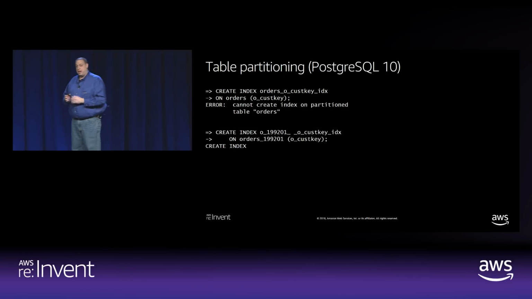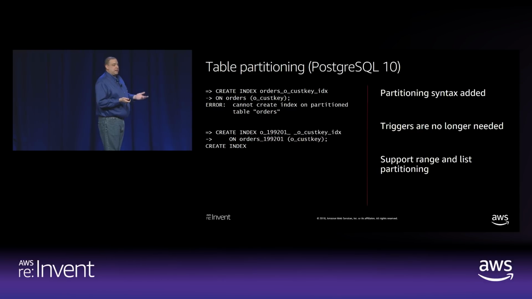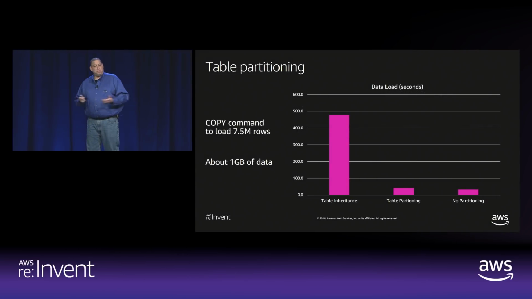So in Postgres 10, if you wanted to create an index on the parent table, you would get an error. You'd have to create it on all the individual tables, the partitions themselves. But in Postgres 10, we did get that partitioning syntax for range and list partitioning. And the big thing is that triggers are no longer needed, giving us a big performance gain on our data loads. And what is that performance impact?